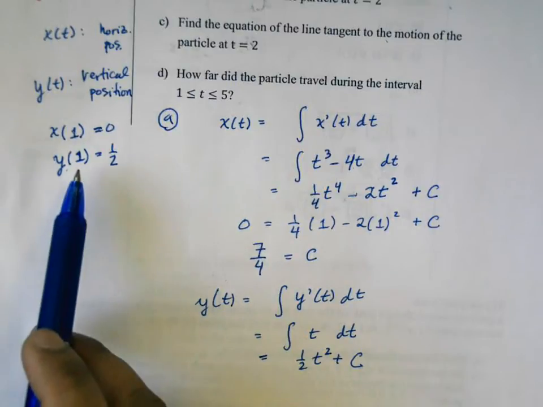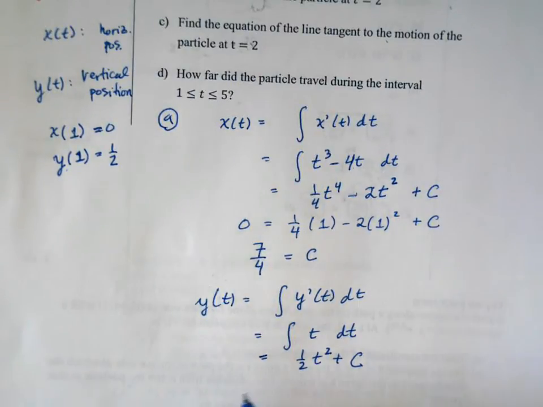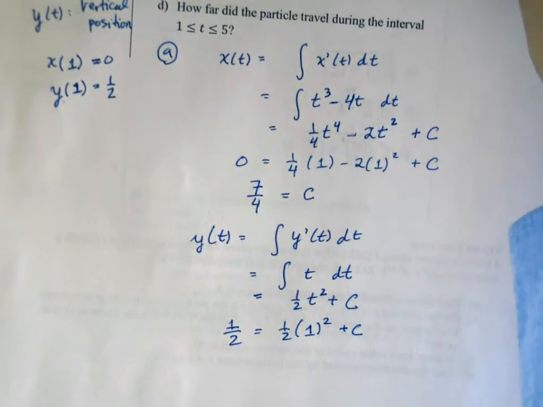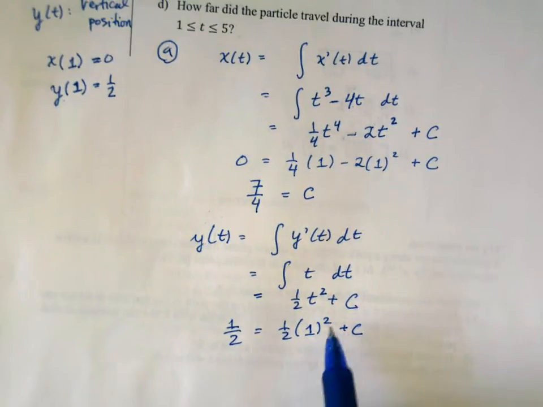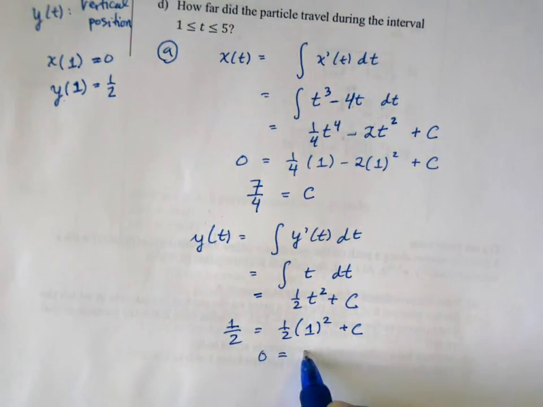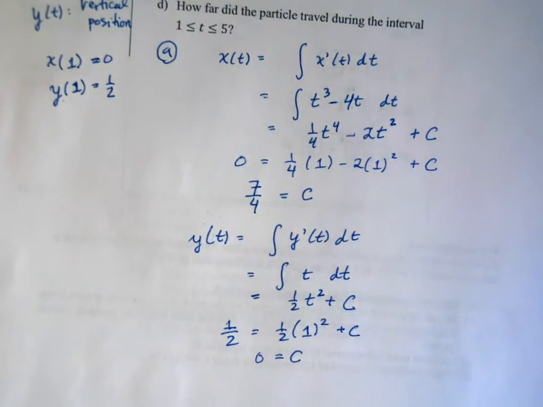Using the initial condition, when t is equal to 1, y is equal to 1/2. From this work, we can see that c must be equal to 0 for the y position.